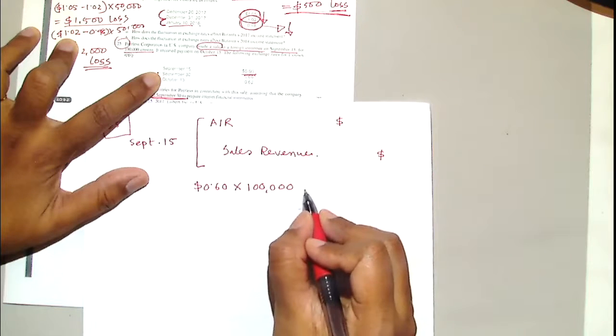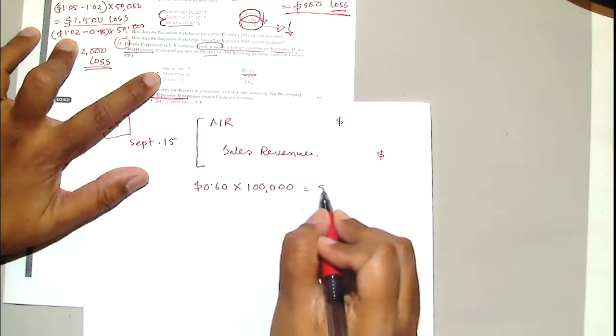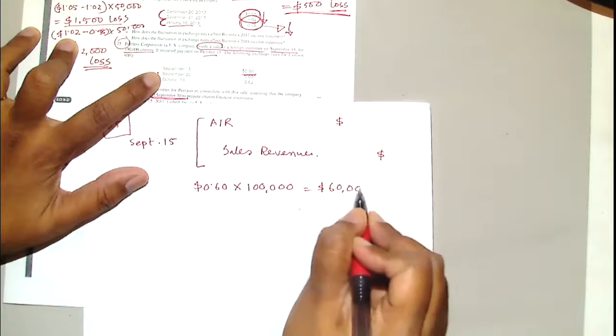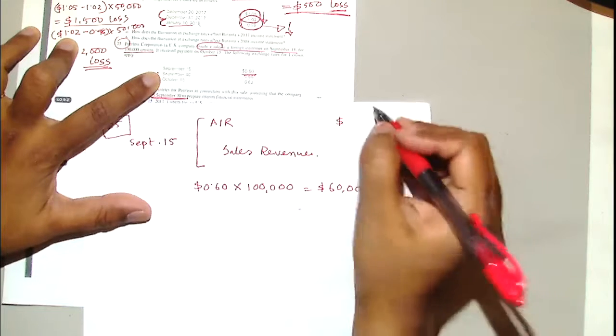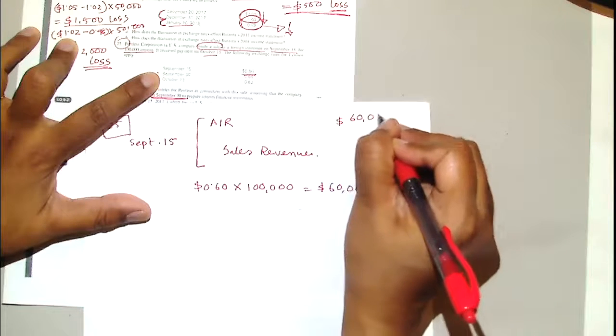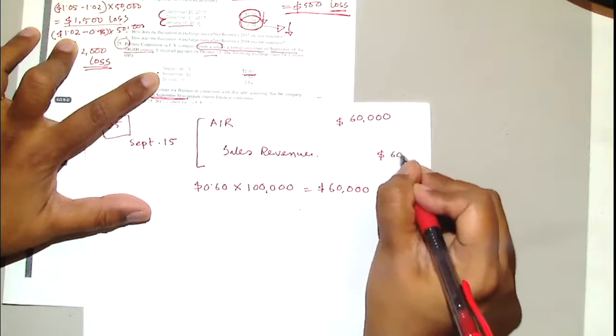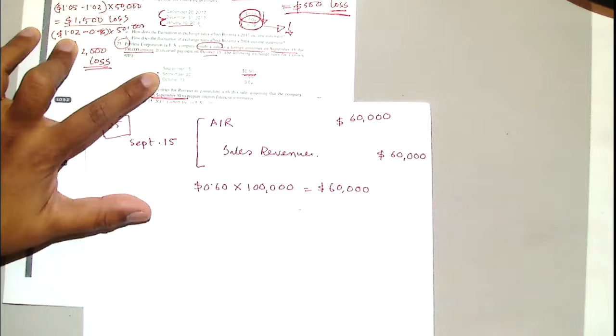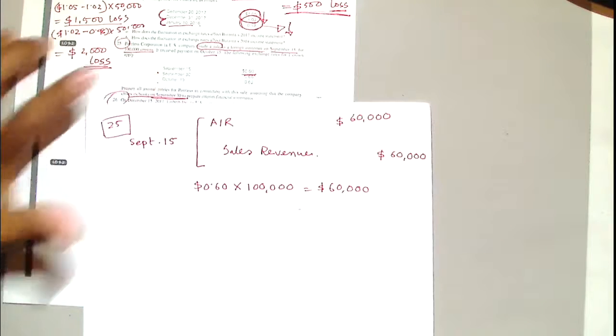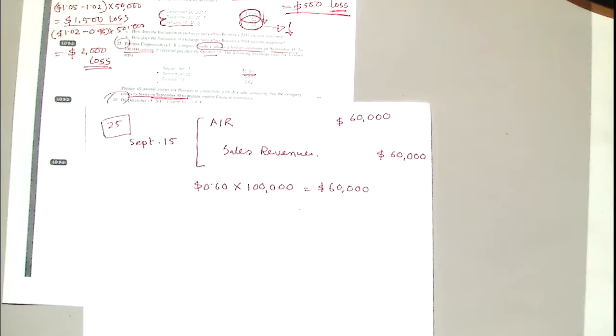So the total is 60,000. Very good. On September 15, we record our sales revenues, and that's it. Your sales revenue will never be affected or changed because of these exchange rate fluctuations. Rather, we will adjust our accounts receivable. So that's the September 15th journal entry.